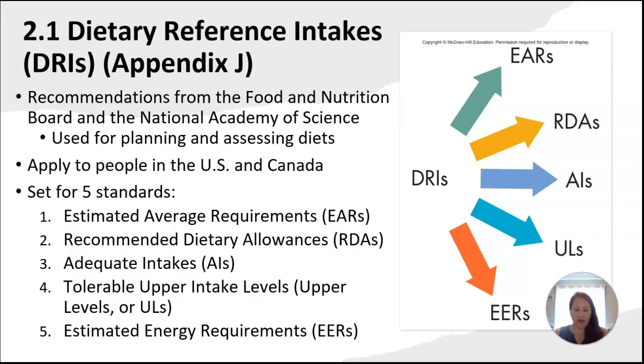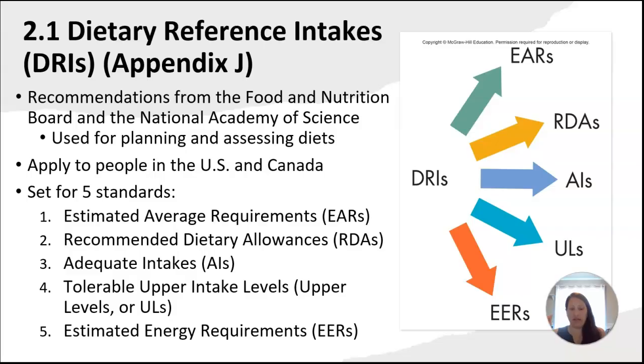Okay. So these dietary reference intakes, these DRIs, which again are covered in Appendix J, are recommendations from the Food and Nutrition Board and the National Academy of Science. These are used for planning and assessing diets. They apply to people in both the US and Canada, so North America, and they have set 5 standards.